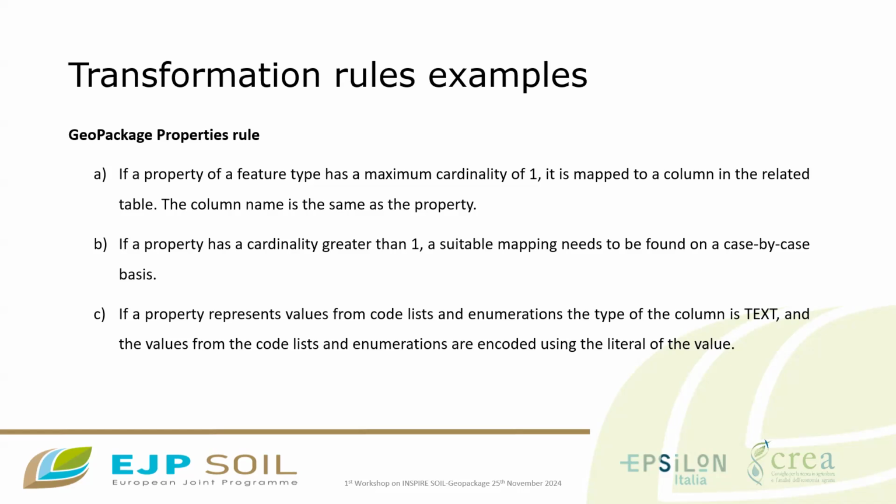The column name is the same as the property in the INSPIRE feature. If a property has cardinality greater than 1, a suitable mapping needs to be found on a case-by-case basis. This is what is written in the GeoPackage property rule. And if a property represents values from code lists and enumerations, the type of the column is text, and the values from the code lists and enumerations are encoded using the literal of the value.